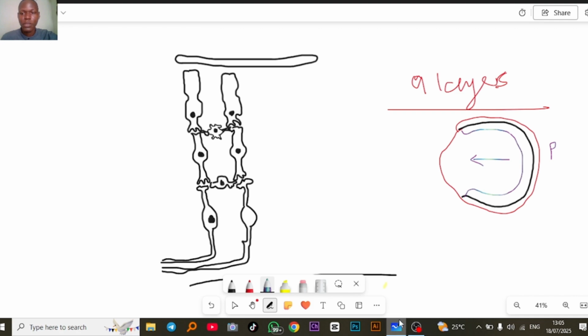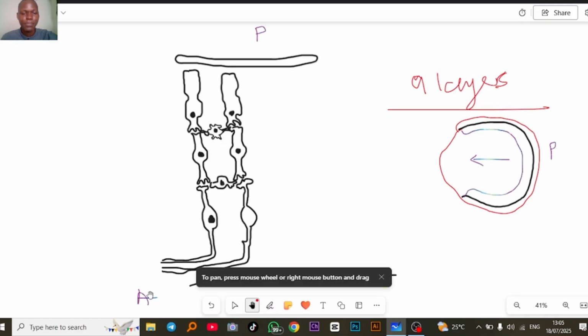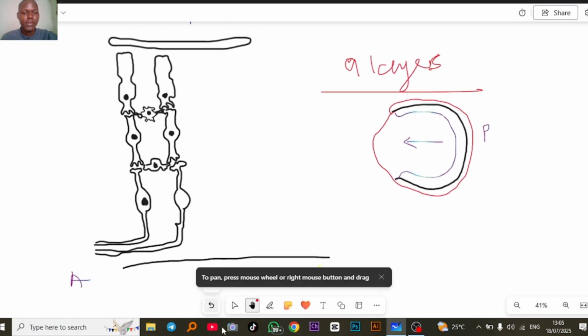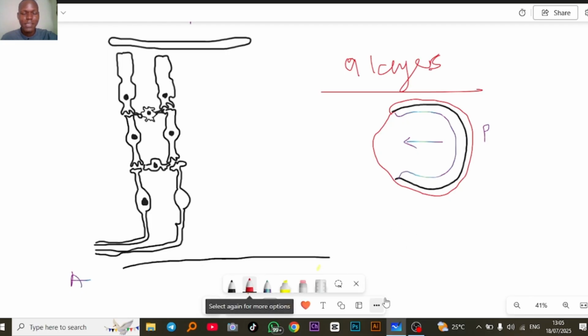This side would be the posterior side, and this side will be the anterior portion. So the first part of the retina, or the first layer, is this part here, which is the pigmented layer.